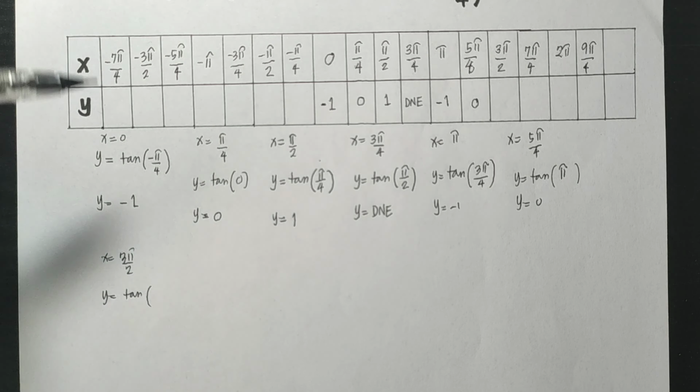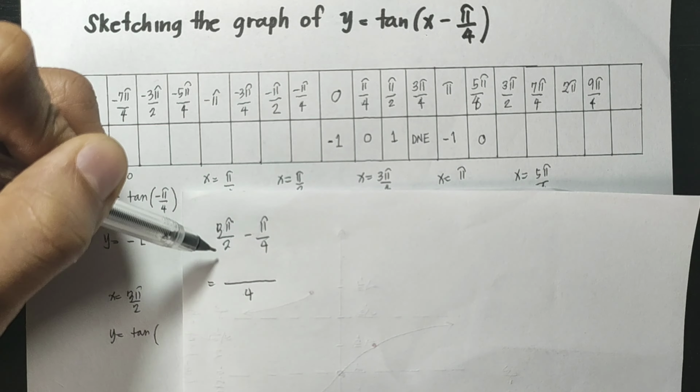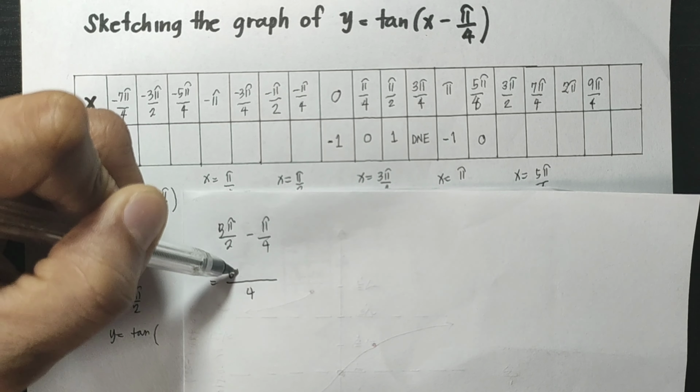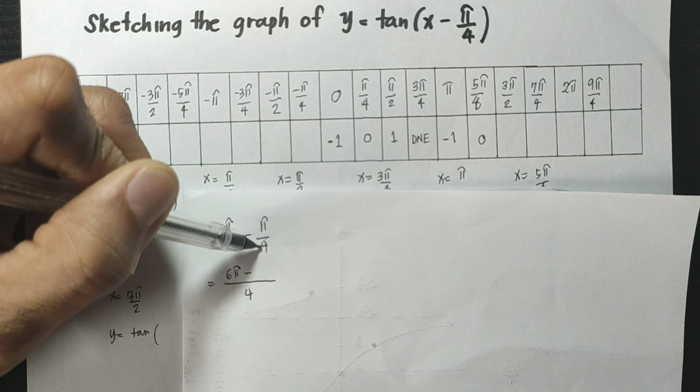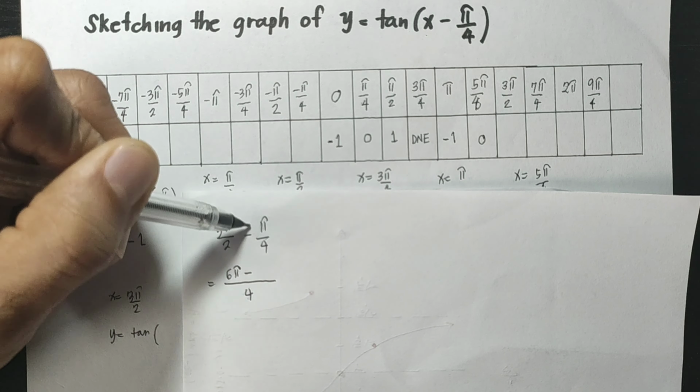The LCD of this is 4. 4 divided by 2 is 2, times 3 is 6 pi, minus 4 divided by 4 is 1, times 1 pi is pi. Subtract them, that is 5 pi, then the denominator is 4. So therefore, that is 5 pi over 4.